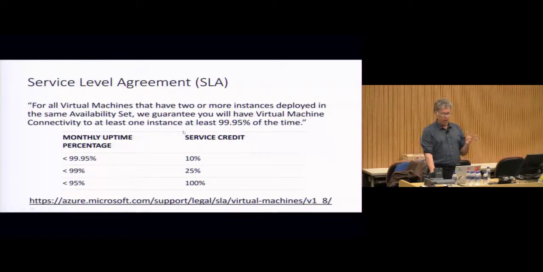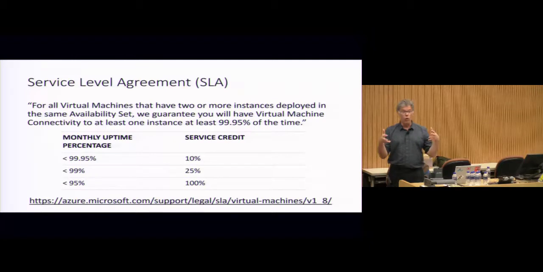For all virtual machines that have 2 or more instances deployed in the same availability set, we guarantee you will have connectivity to at least one of the instances at least 99.95% of the time. And what happens if Azure doesn't meet that level of service? Then we essentially give you money back, which is a service credit. So now we're running a computer, and if the software goes wrong in some way and the service becomes less available, we pay out money. So we're in a very different world.